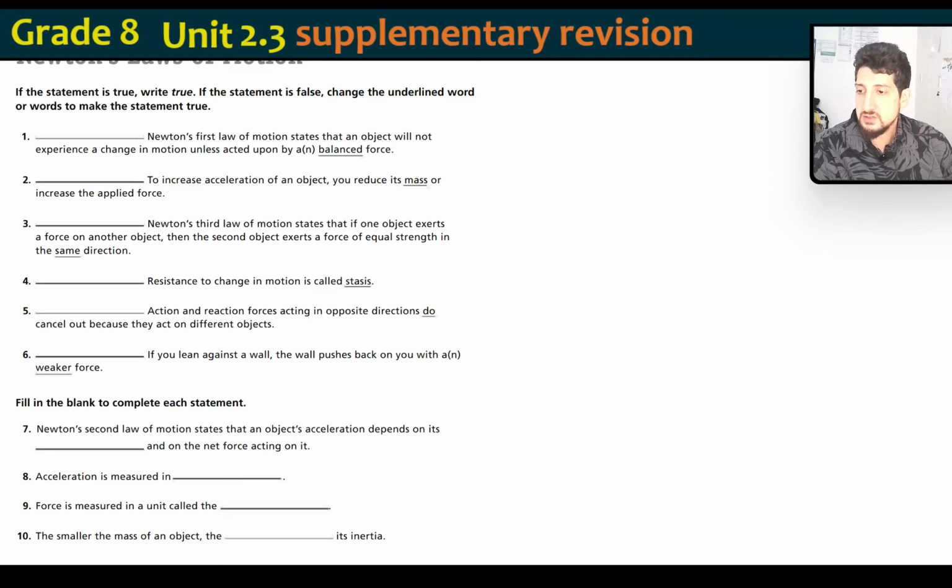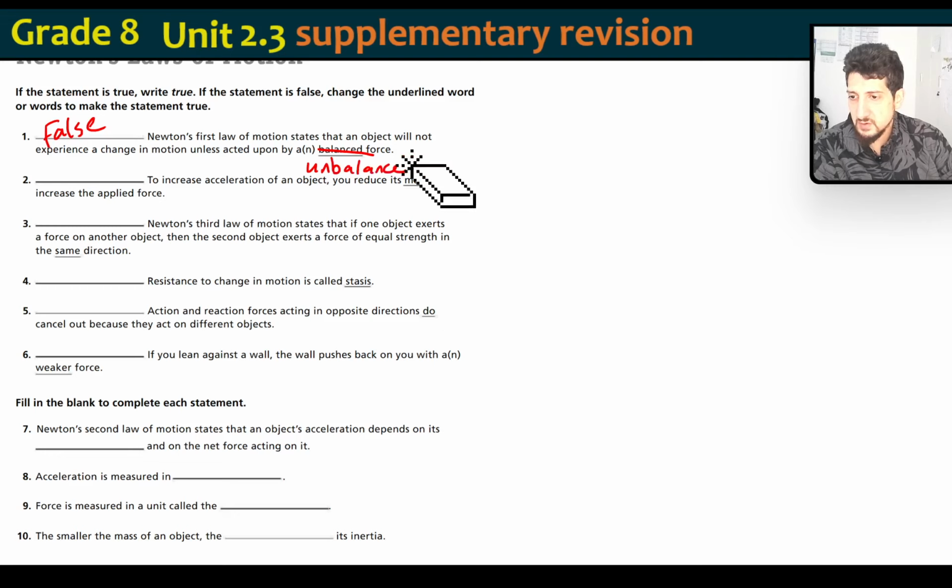Okay, number 1 says, Newton's first law of motion states that an object will not experience a change in motion unless acted upon by a balanced force. No, that is false. Not a balanced force, but an unbalanced force, which means an external force. If they are balanced, it won't make a change. So it is unbalanced. To increase acceleration of an object, you reduce its mass or increase the force applied.